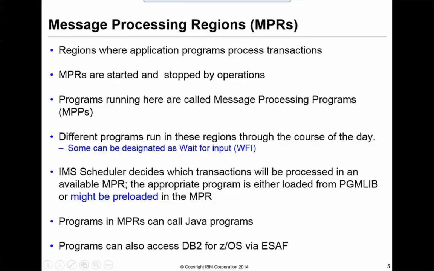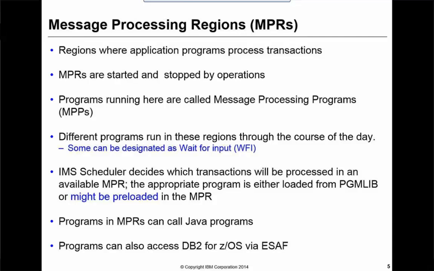MPRs themselves are started and stopped by operations. So typically when you start up IMS, operations will fire up some number of MPRs, and then programs will get scheduled in these MPRs. The programs that run in these MPRs are called MPPs, Message Processing Programs. And these MPP programs will then say, okay, I'm going to start processing transactions, and it'll tell the scheduler, go get me a transaction.